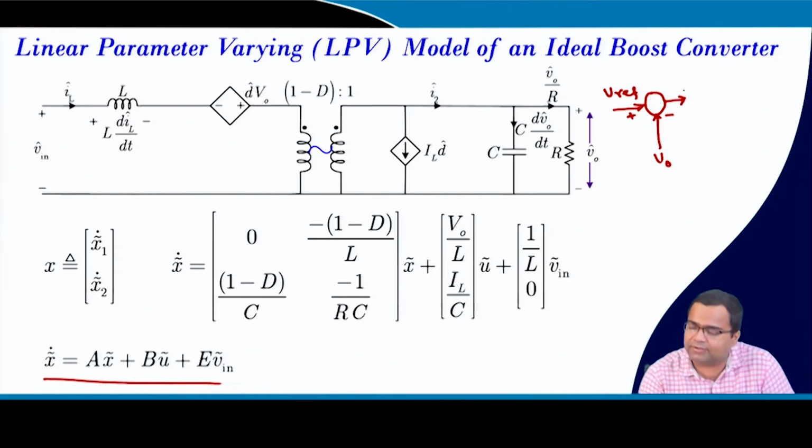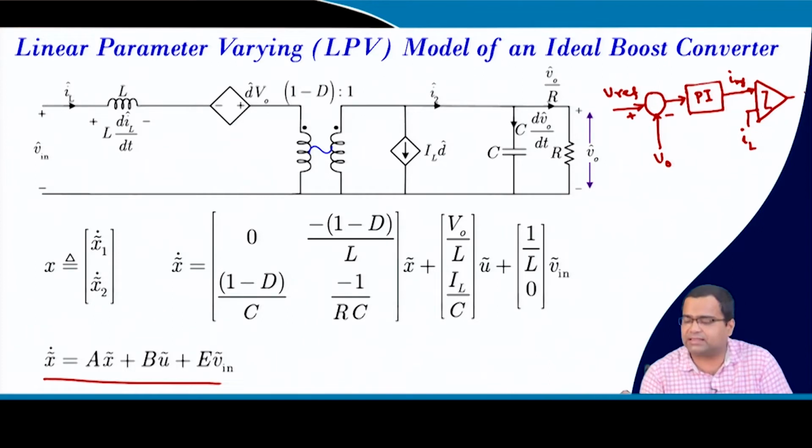Then we have in case of state feedback, we have a PI controller, and this output is going to some, it is like a reference current, and what we are doing, we are directly comparing with inductor current, and that is going to the latch circuit, right. I am not going to discuss because this we have discussed multiple times. So, in traditional output feedback, current mode control, this is the way.